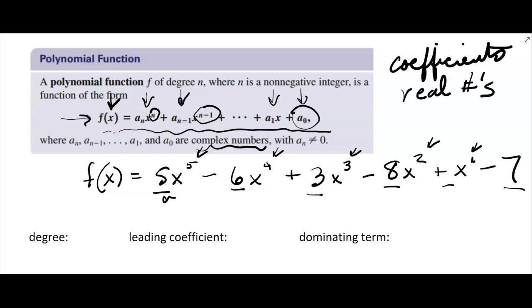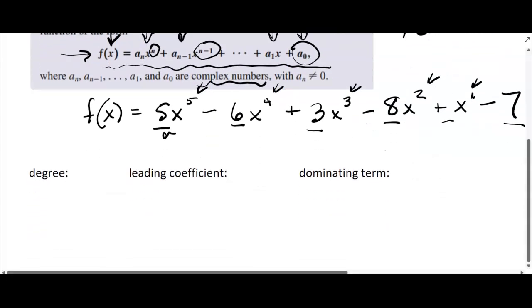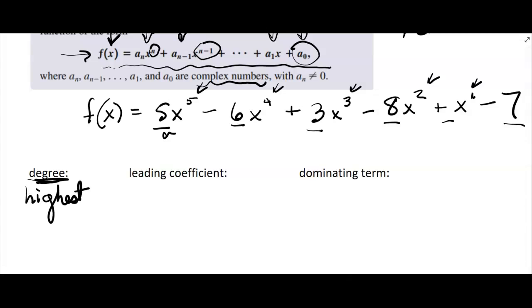Okay, so when you look at a polynomial function, the degree of the function is the highest exponent. So, like in my example here, it would be 5, right? This 5 right here. So it would be a 5th degree polynomial.